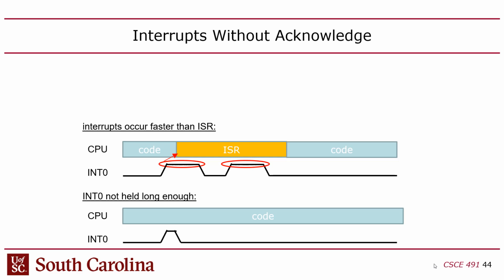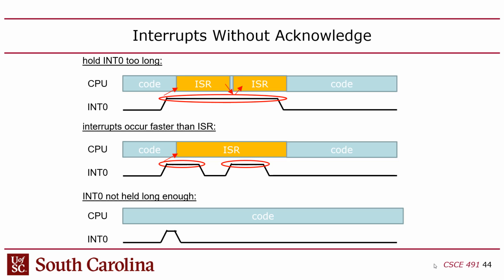So in this case, I toggle it here, which causes the CPU to go into the ISR, but then I toggle it again before it finishes the ISR. That may make the CPU miss the second interrupt, right? Because there's no synchronization between the two. Likewise, the external interrupt may not hold the interrupt high long enough for the CPU to actually register that the interrupt happened, right? Generally speaking, that interrupt pin has to be high for a certain amount of time before the CPU can see it, right?